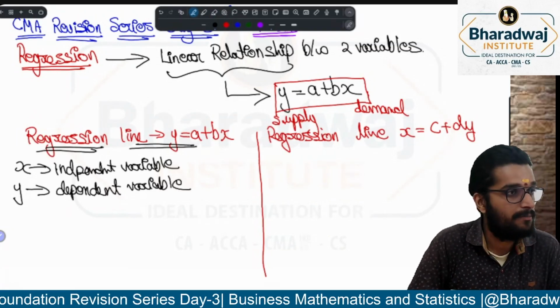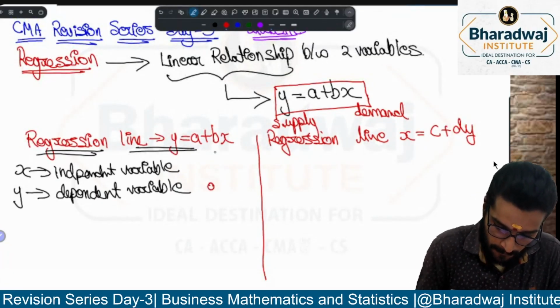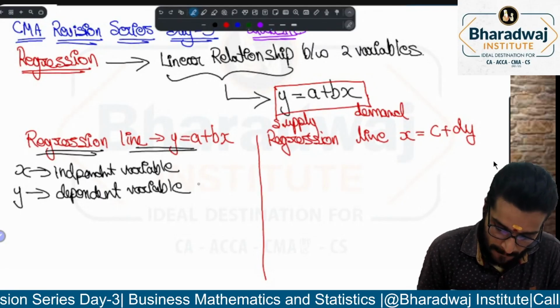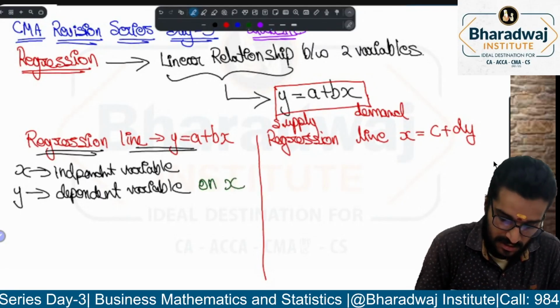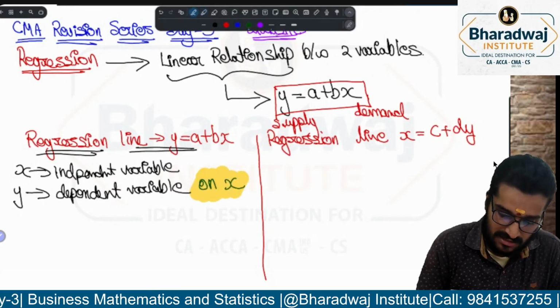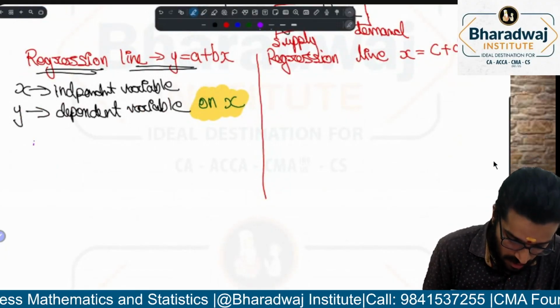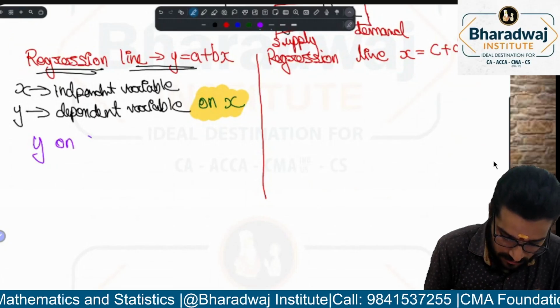Y will be the dependent variable depending on x, right? So just because it is dependent on x, I call it y on x.